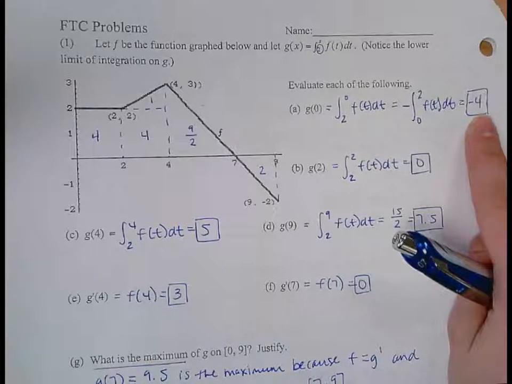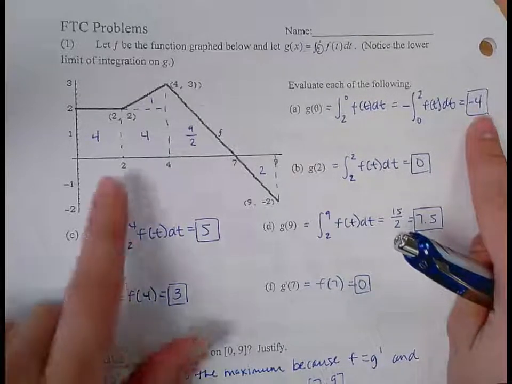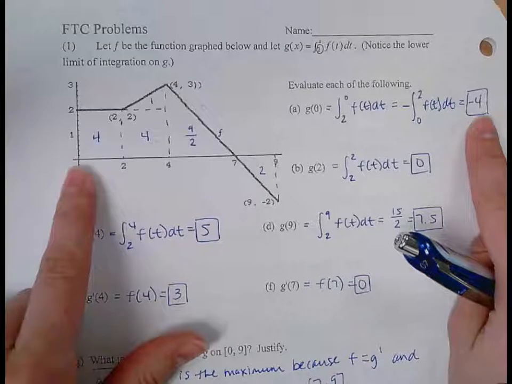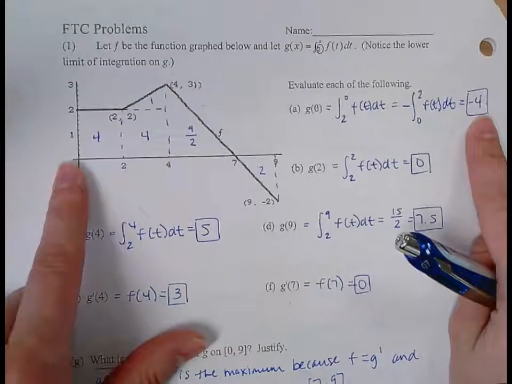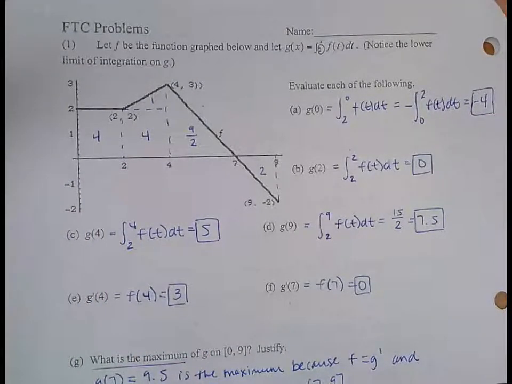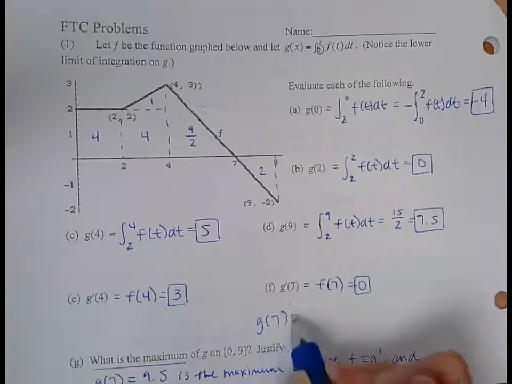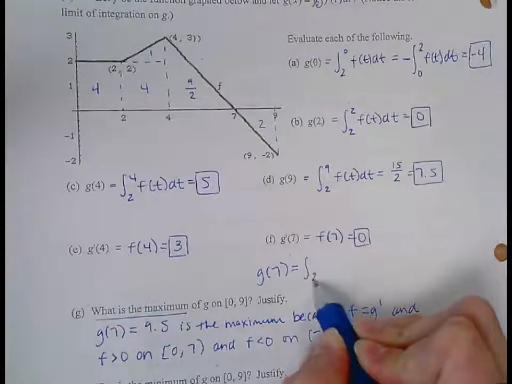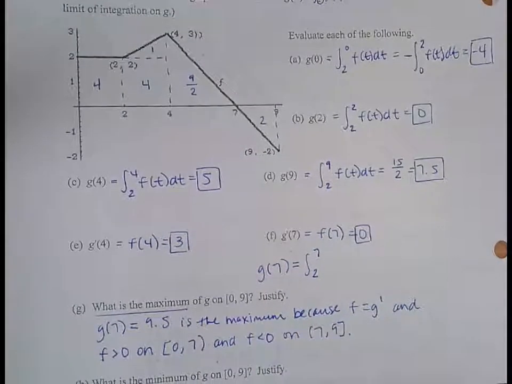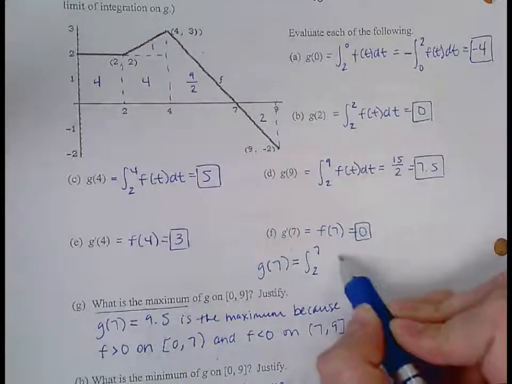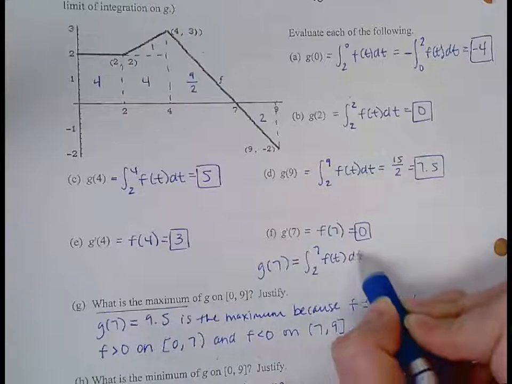This is still starting at 2, but because g starts at 2, g of 0, that's why it's negative. So because you're going backwards, yes. When we were finding the maximum, how come we didn't subtract 4? Because g of 7 equals the integral from 2 to 7. Does that make sense?